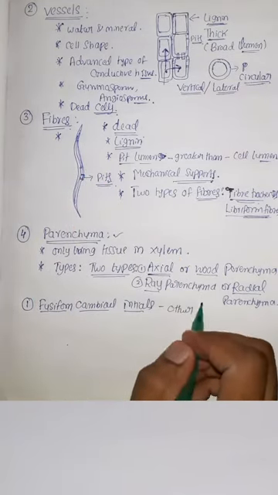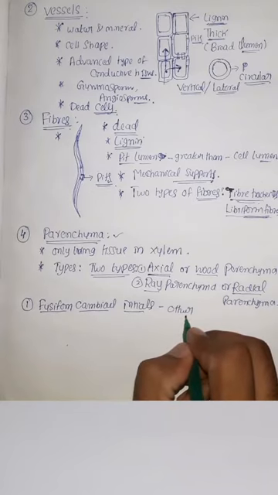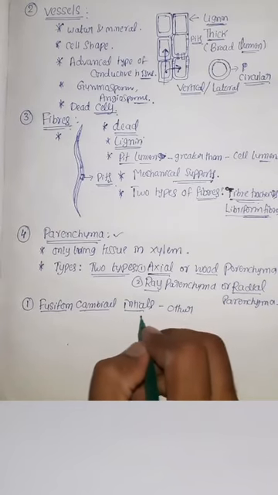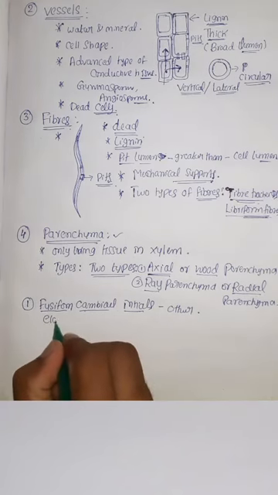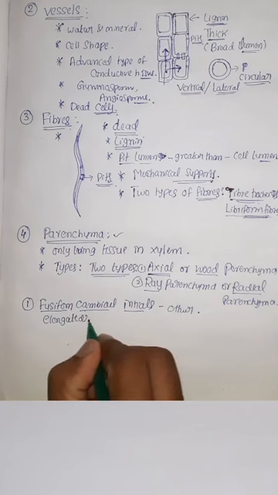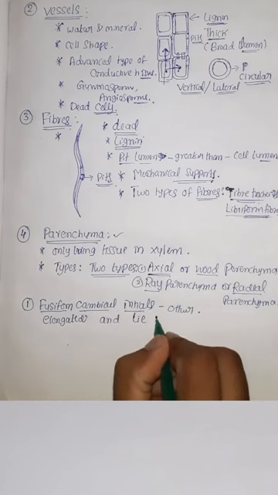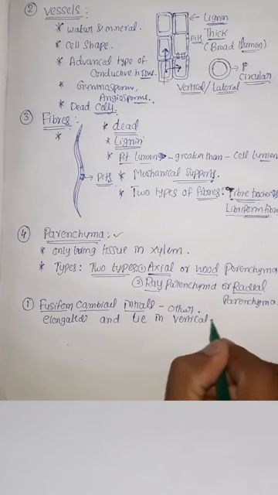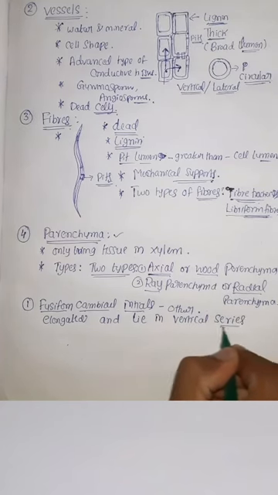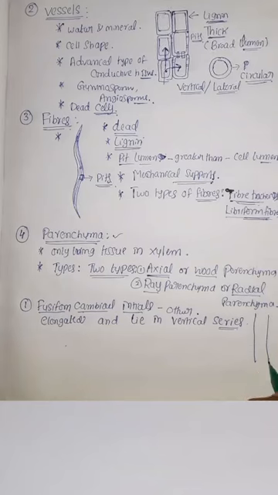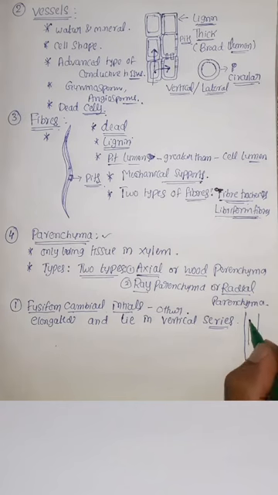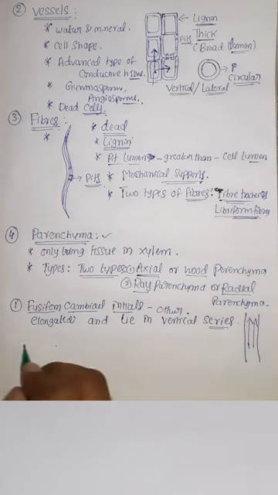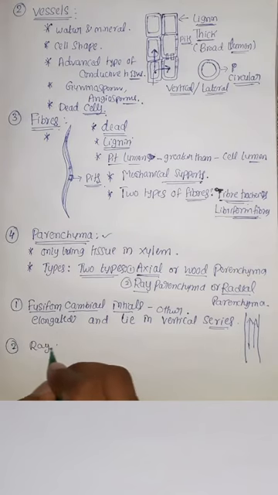These cells are somewhat elongated and lie in vertical series. Vertical series means, this is xylem, and the parenchyma cells lie in a vertical series like this. Okay, coming to the ray parenchyma.